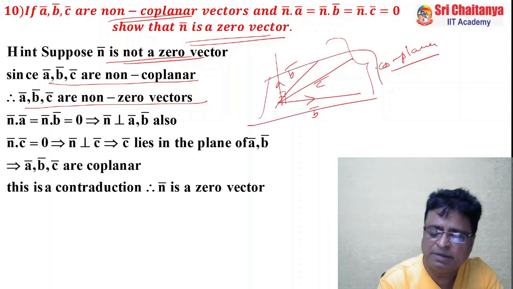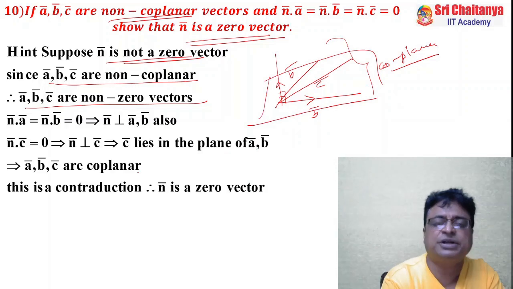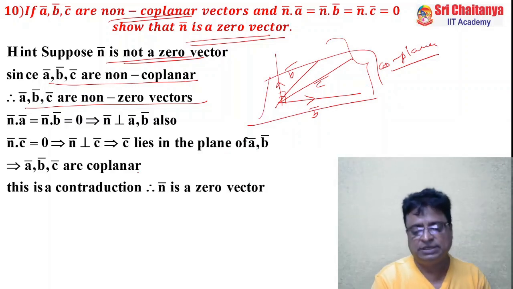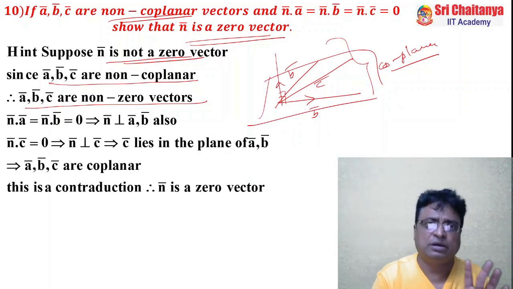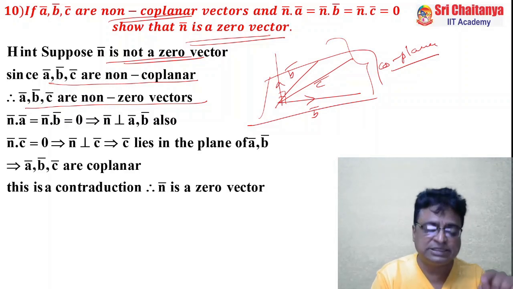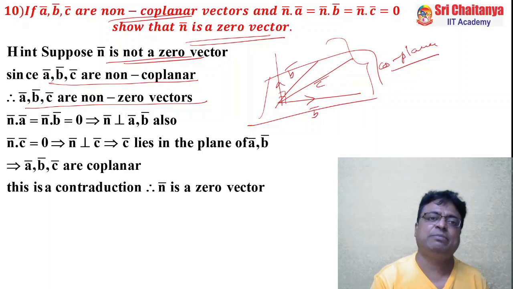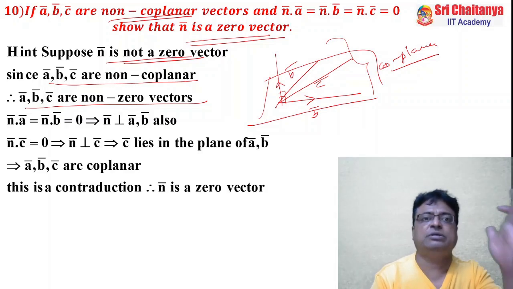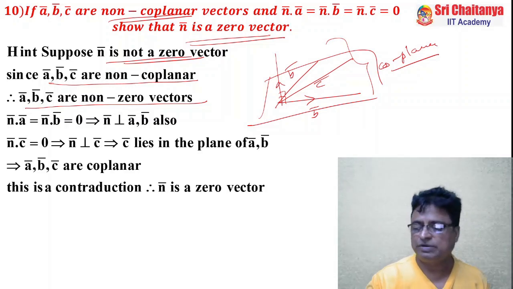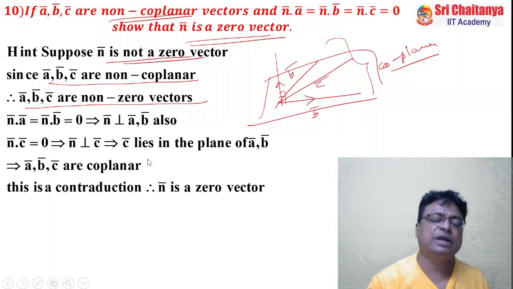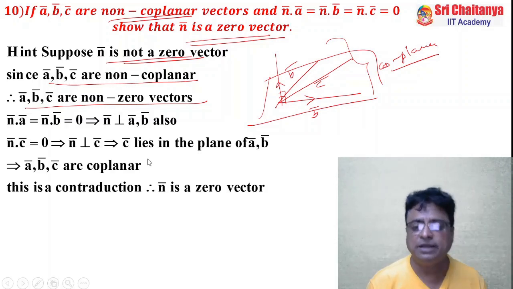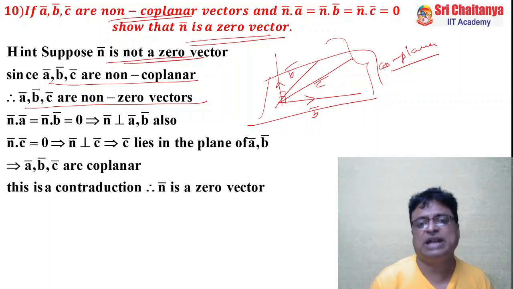That means a bar, b bar, c bar are coplanar, which is a contradiction, because what is given in the hypothesis? They are non-coplanar. This happened because we assumed that n bar is not a 0 vector. So our assumption is wrong. Therefore, n bar is a 0 vector. Clear? So this is the way to attack this kind of problem.